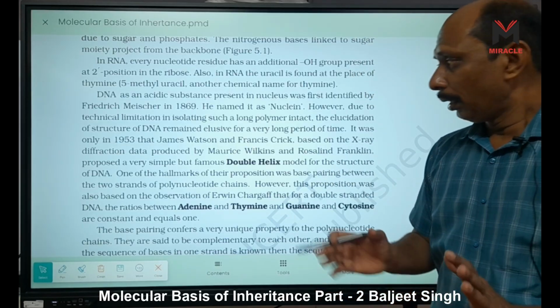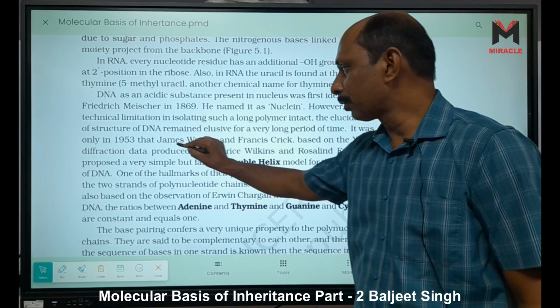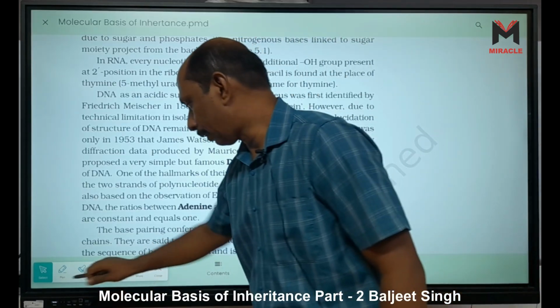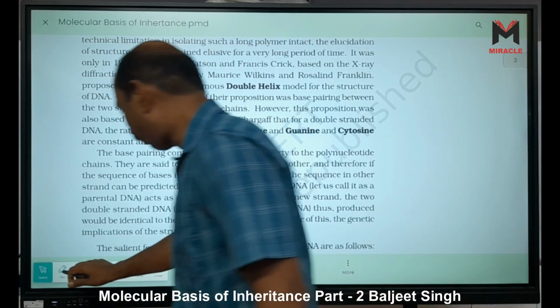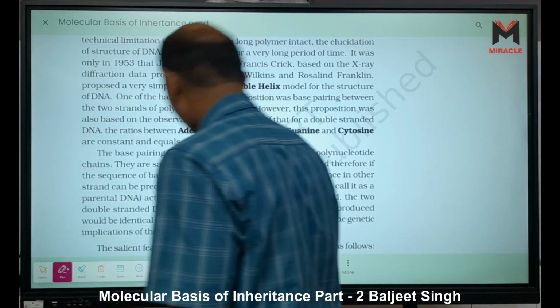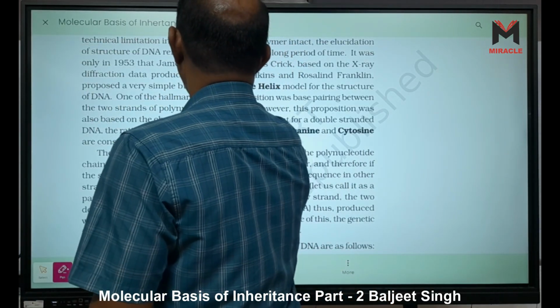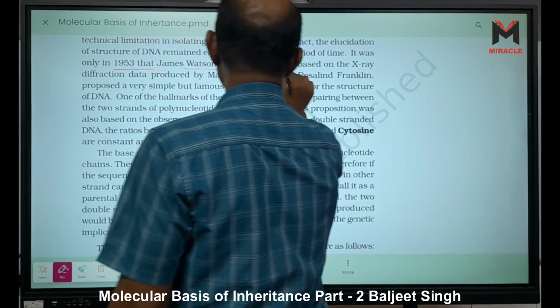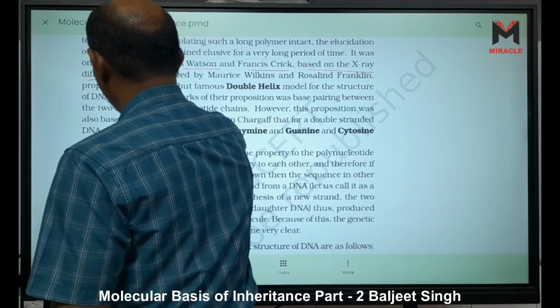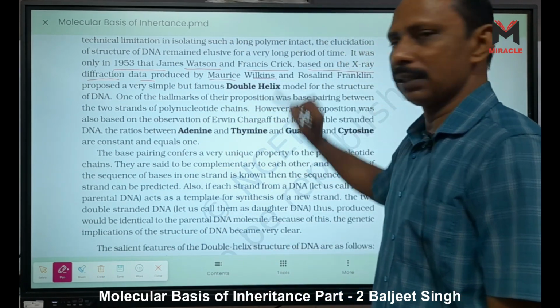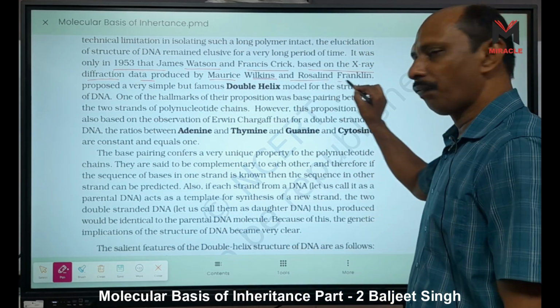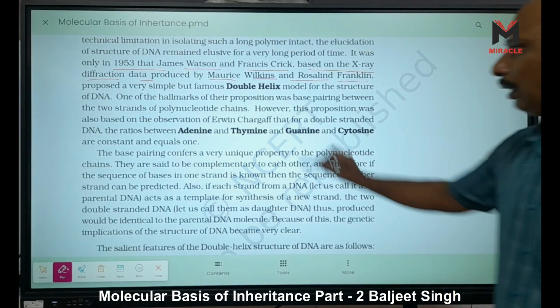In 1953, James Watson and Francis Crick, based on X-ray diffraction data which was produced by Maurice Wilkins and Rosalind Franklin, these two scientists, right?